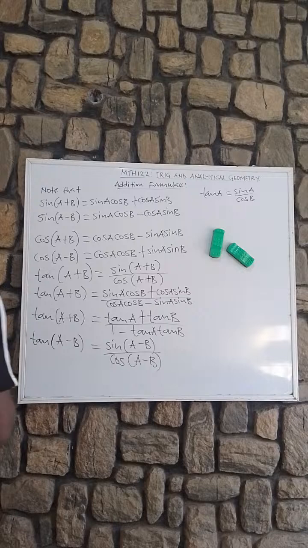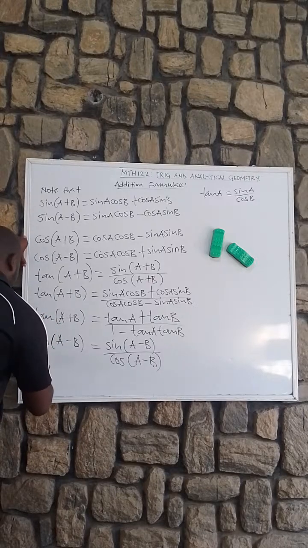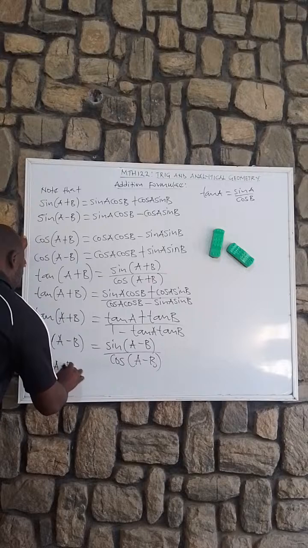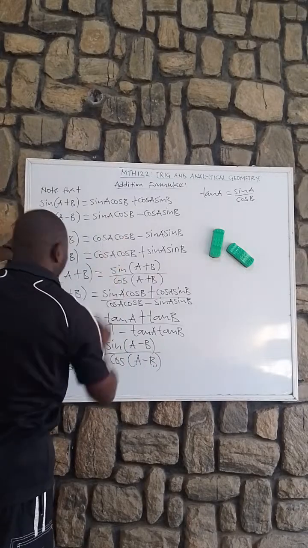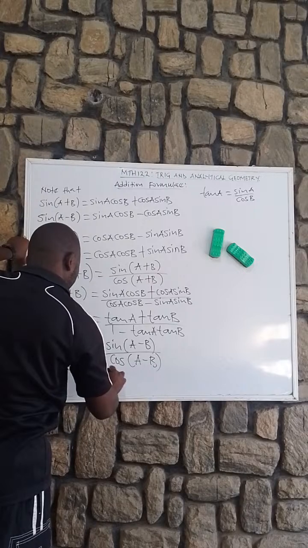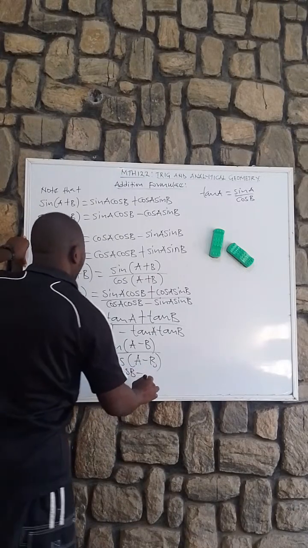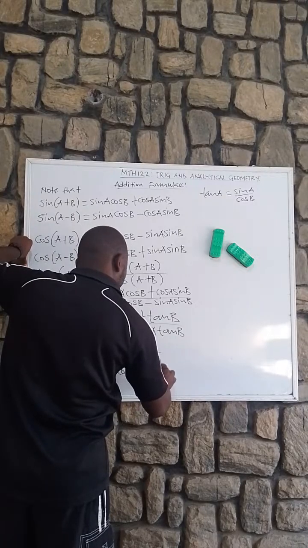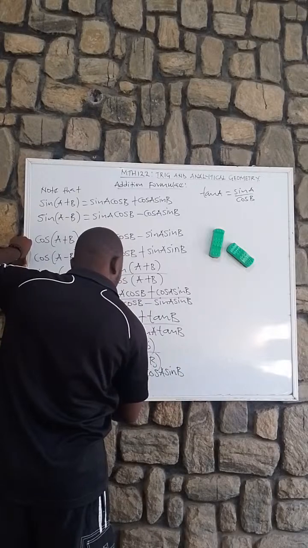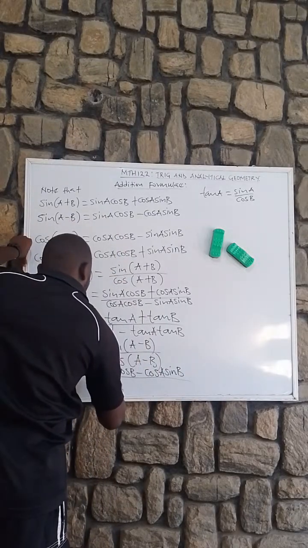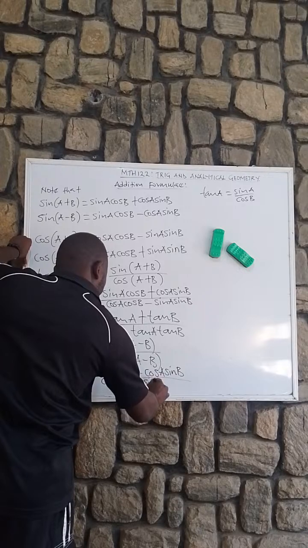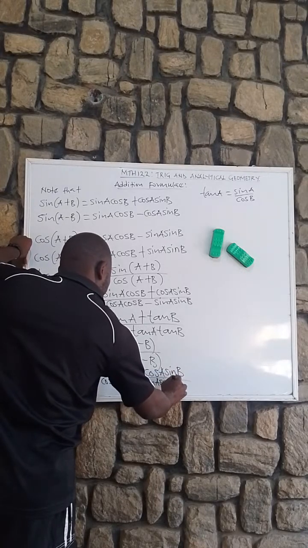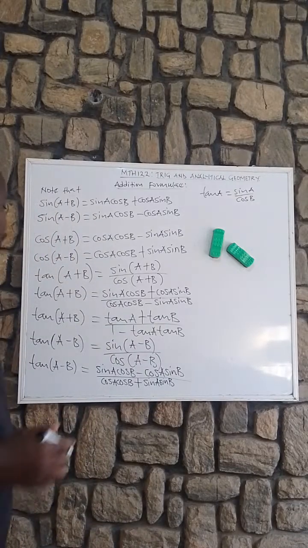Okay? So now tan of A minus B will be equal to sine A minus B, which is sine A cos B minus cos A sine B, all over cos A cos B plus sine A sine B. Do you agree with me?